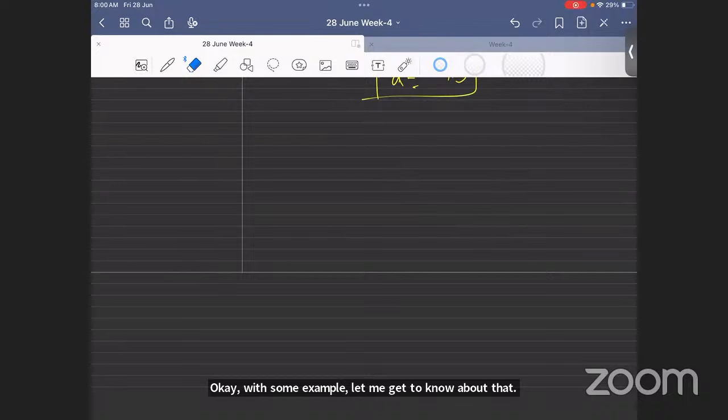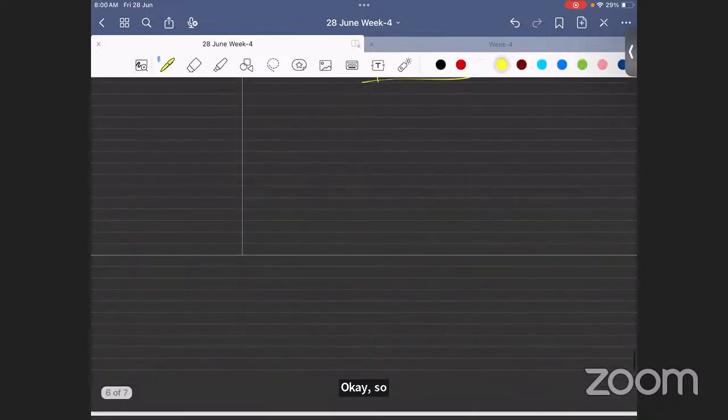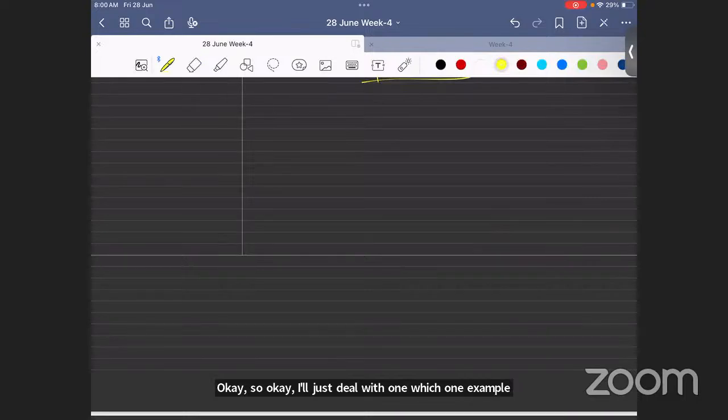Okay, so I'll just deal with one example, and we'll be able to solve everything, and then we'll learn how to plot everything. So let's write the equation first of all, and then we'll see.